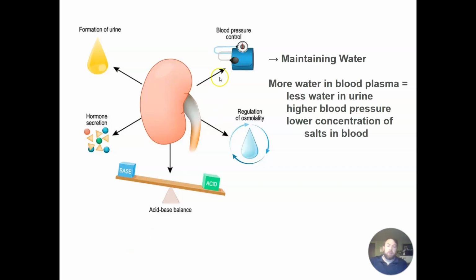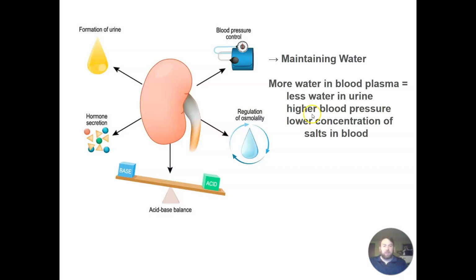And it does all three of these things by maintaining the amount of water that is in your bloodstream. The more water that we have in our blood plasma, aka how much more the kidneys and nephron are doing their job by retaining the water, that means that there will be less water in the urine and there will be a higher blood pressure because of it.